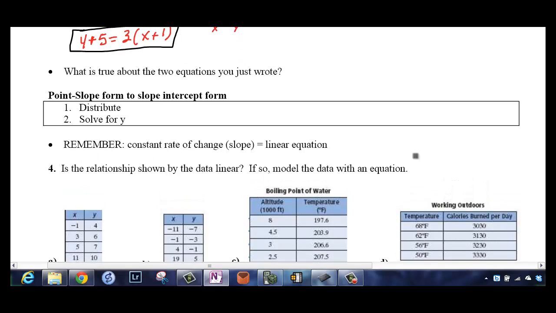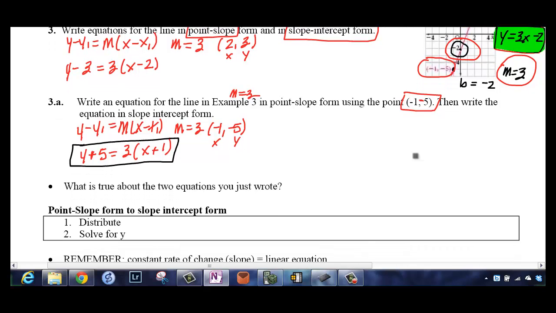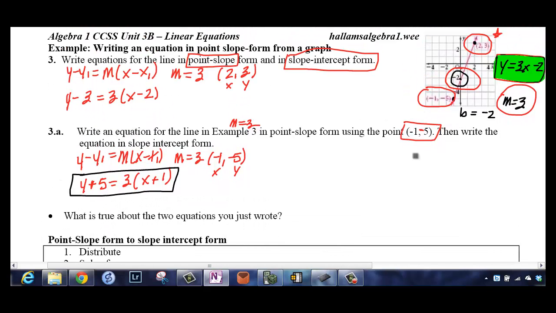All right. So what is true about the two equations we just wrote? They are both linear functions. They haven't changed anything, and both forms represent the same linear function. There's no difference. So let's draw a little star here, or a little line.